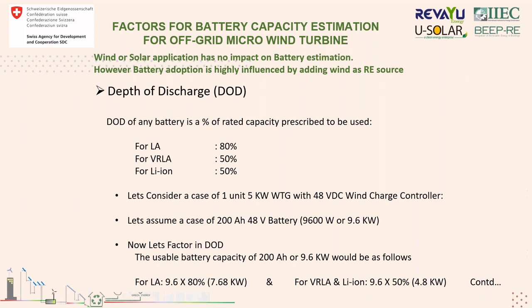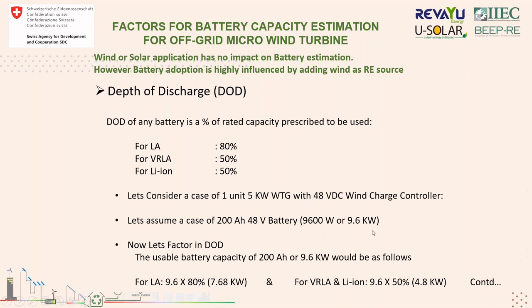From ampere hours, people are able to calculate the capacity of any battery storage device in kilowatt hours by simply multiplying ampere hours with the voltage, 48 volt. We are able to arrive at 9600 watts, which is 9.6 kilowatt.